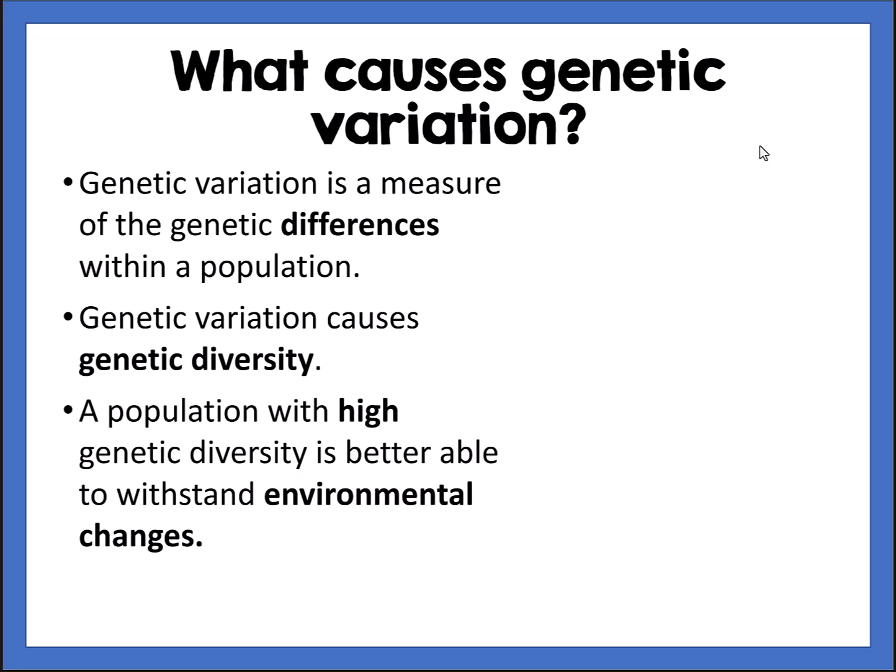So genetic variation in a population is a positive thing. It gives the population a better chance of withstanding any changes to the environment: disease or drought or flood or whatever kind of environmental circumstances might arise.